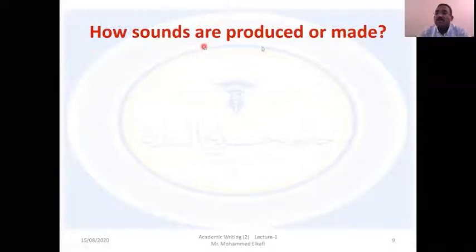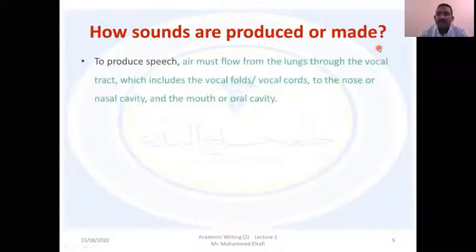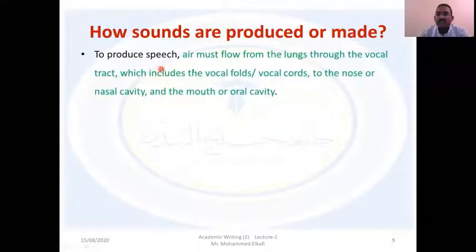How sounds are produced or made. When we say produced, here we think of how they are made. To produce speech, air must flow from the lungs through the vocal tract here, this area, which includes the vocal folds. So we'll find the vocal folds or the vocal cords here in this area. So we'll start from the lungs.